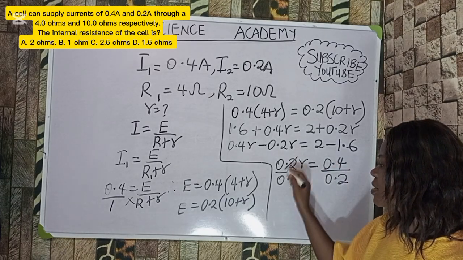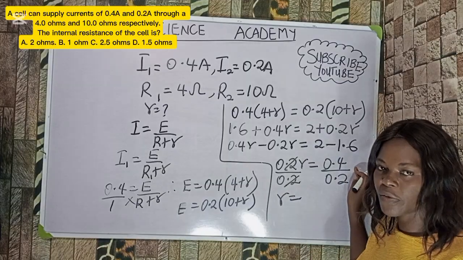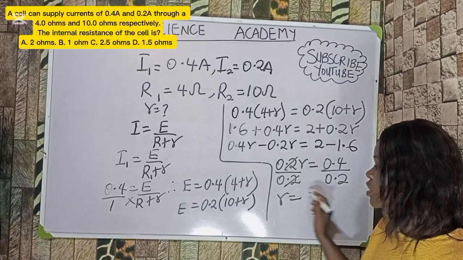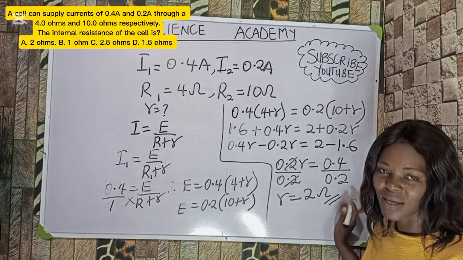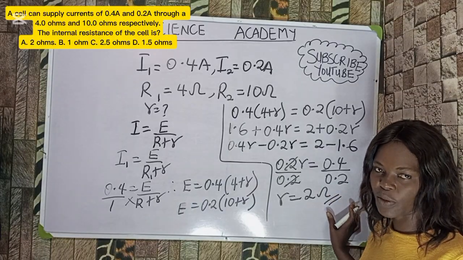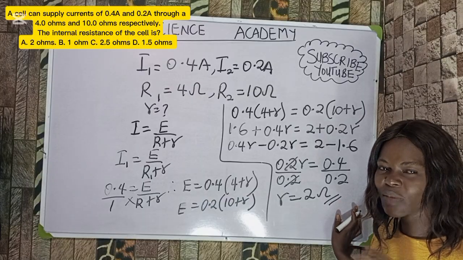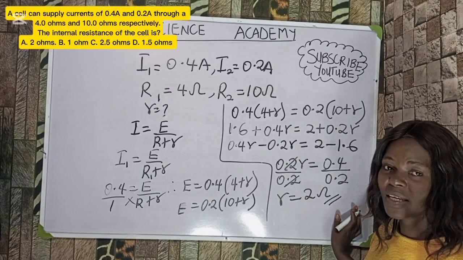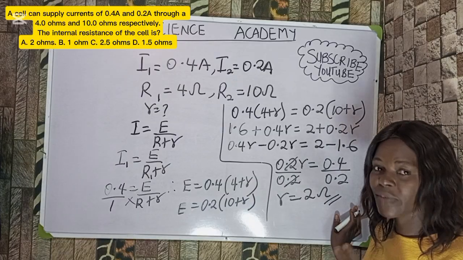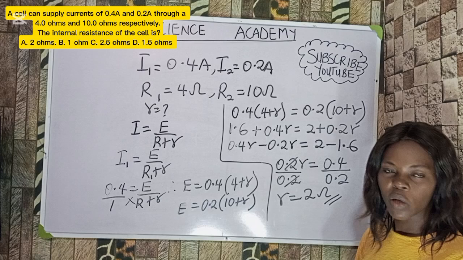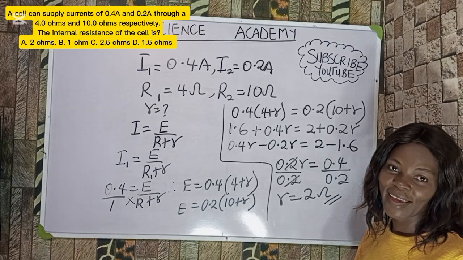This cancels this, and I am left with r. So 0.4 divided by 0.2 gives me 2 ohms. Now this is the answer to this question. I took my time to explain it so that even if you see something similar, like finding the lost volt or finding the terminal PD, you can solve it with that formula I gave you. From what we've done so far, the correct option to this question is option A.